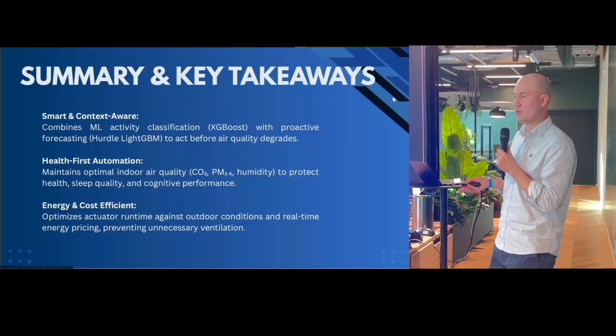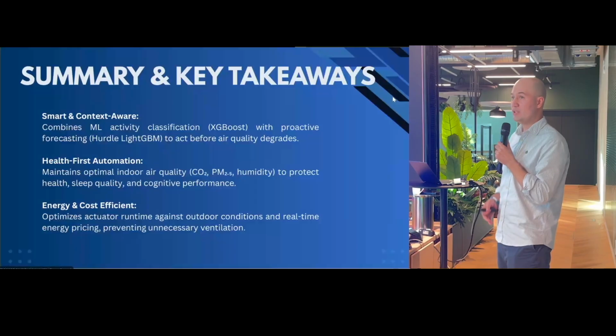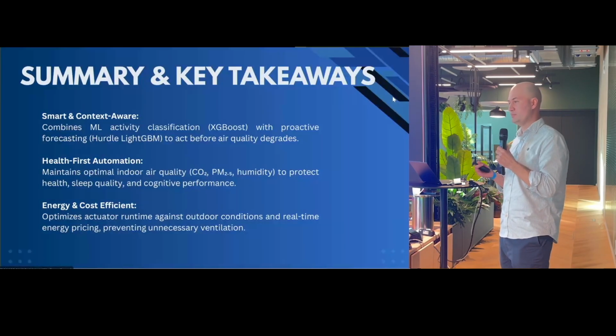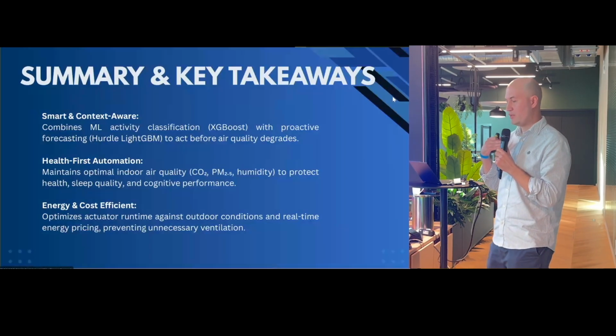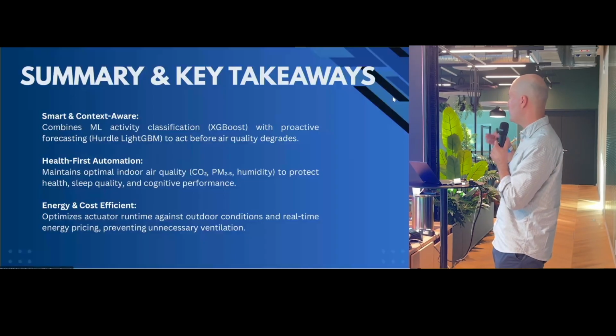It will also improve sleep quality and cognitive performance, and it is aware of the costs, in such a way as to derive strategies that can also help optimize energy use and reduce costs.